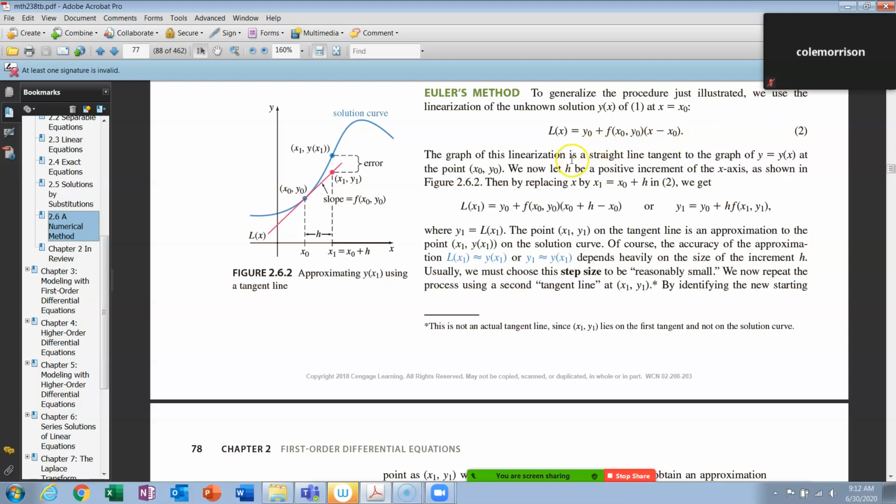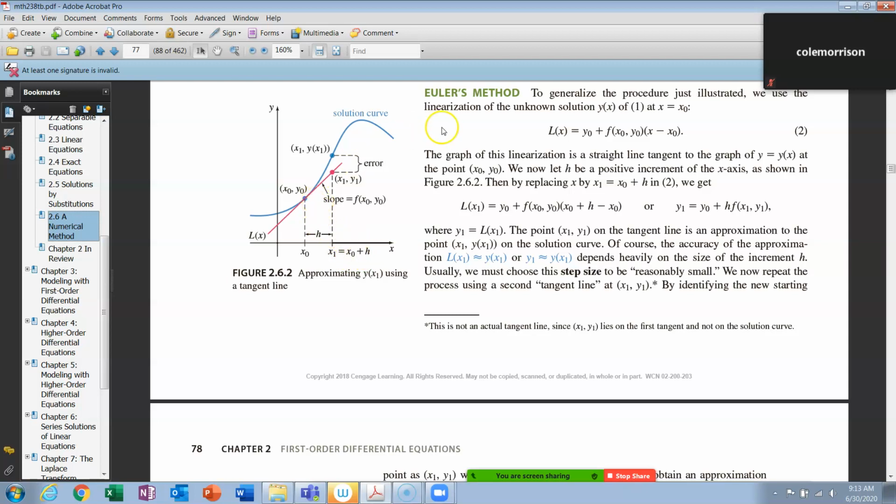Now, that gave us this slope, this line here, and we went from x0 to x1, by the h. That's why I said this is called the step size. We went up by 0.1. Now at 0.1 you would go to 2.1.